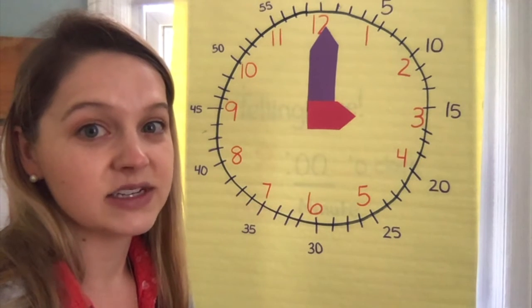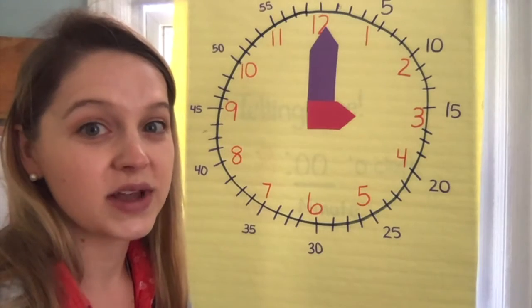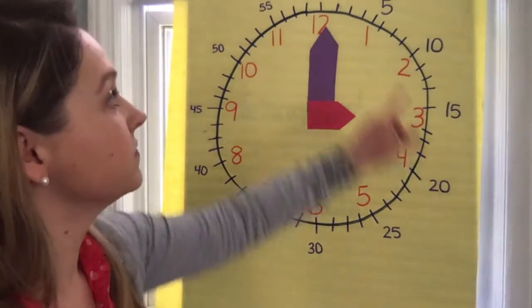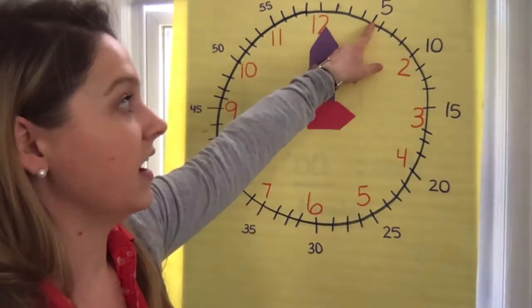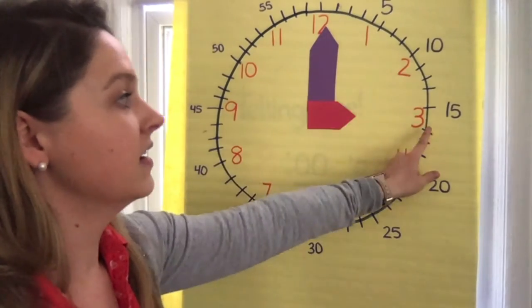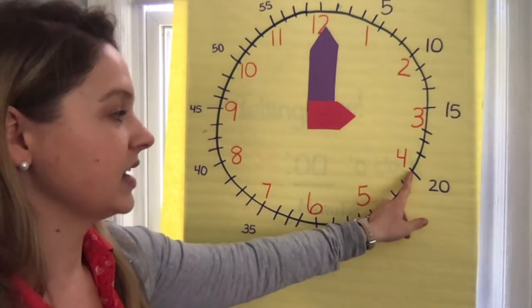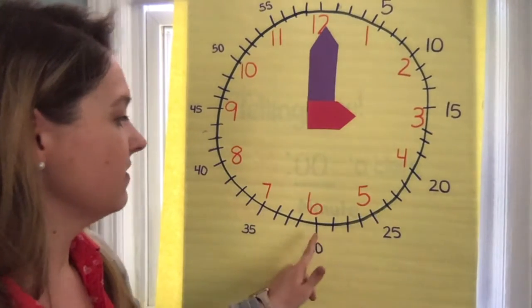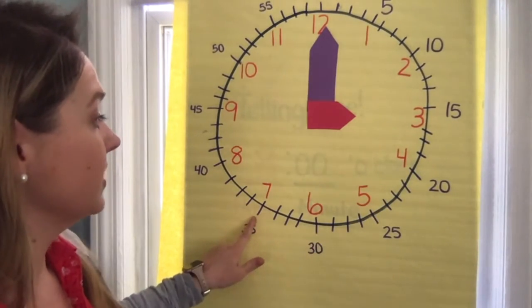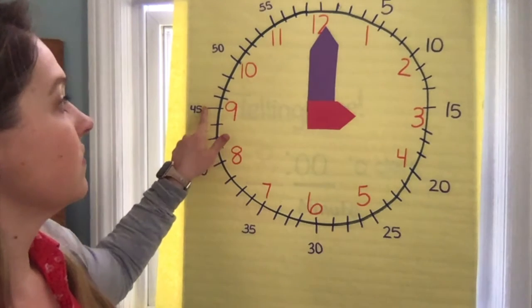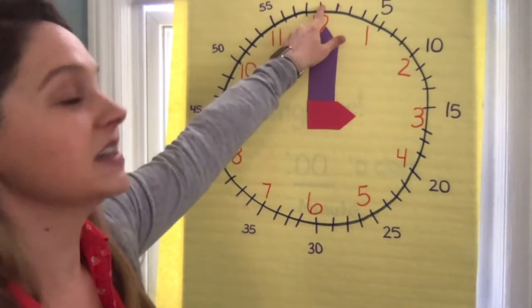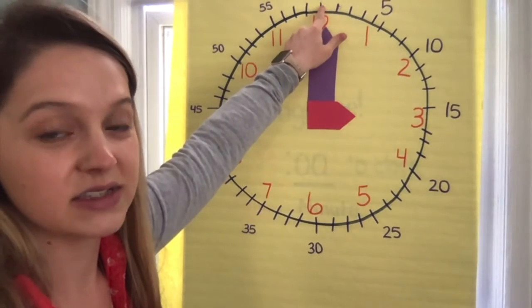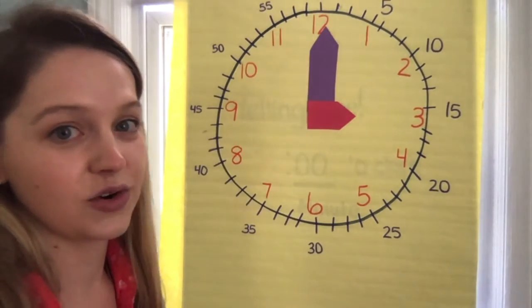Let's practice counting by fives together to show what the minutes on the clock would be. So we start at the top at 0, and then we're going to go 5, 10, 15, 20, 25, 30, 35, 40, 45, 50, 55. This would be 60, but it also starts again at 0 because this is a circle.